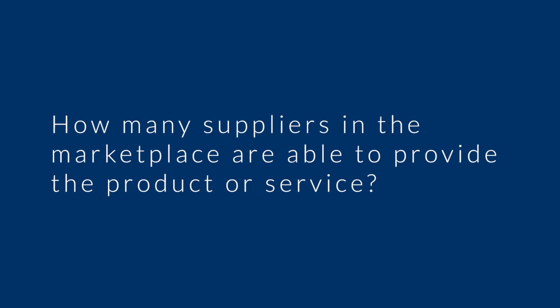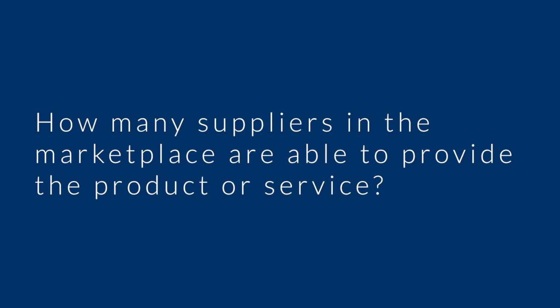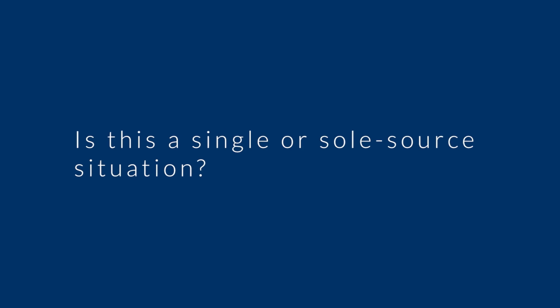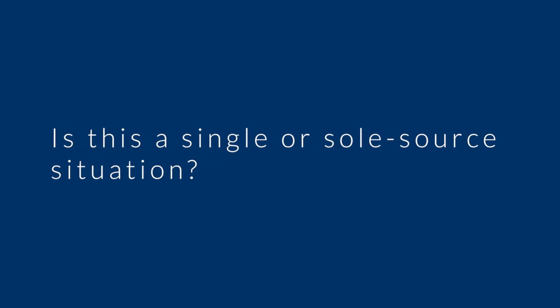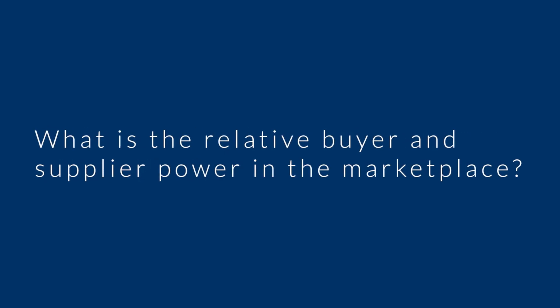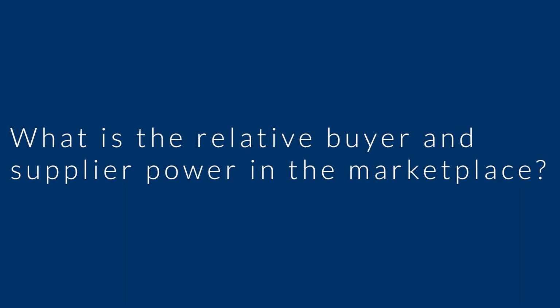You're coming up with a list, and that list is supposed to indicate suppliers that you're willing to work with. So you're going to have a number of questions in mind that you need to find answers to. How many suppliers in the marketplace are able to provide the product or service? Is this a single or sole source situation? What is the relative buyer and supplier power in the marketplace?